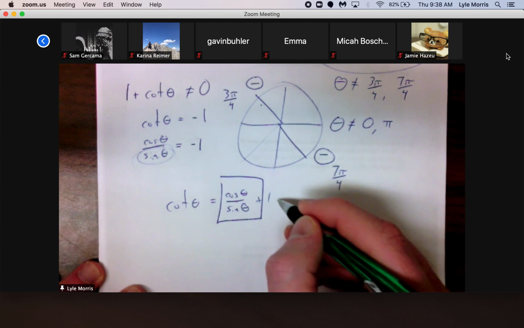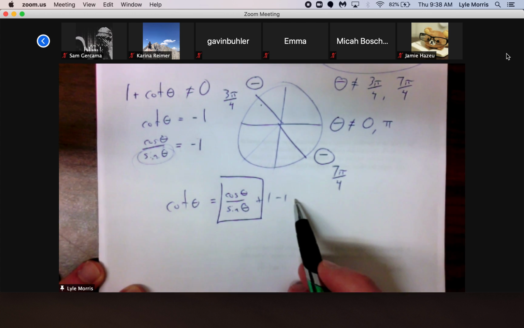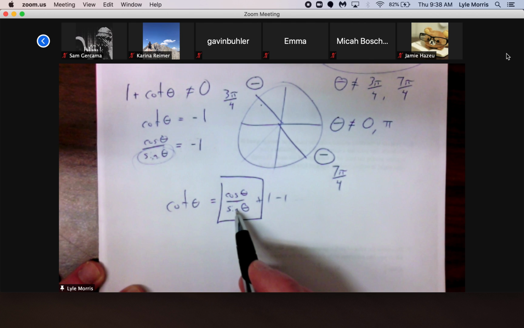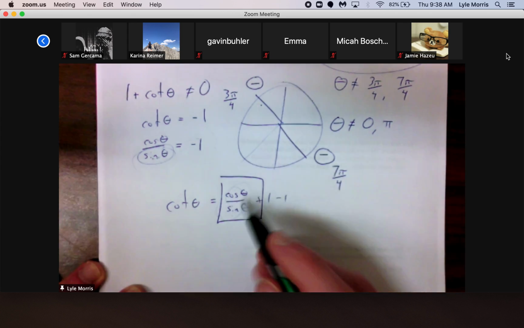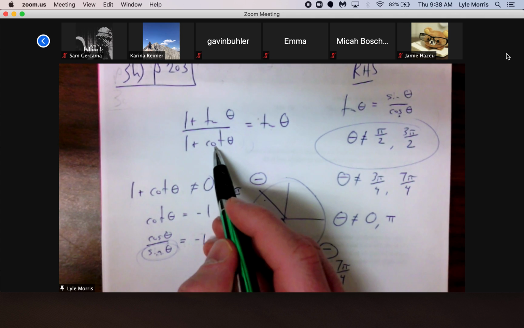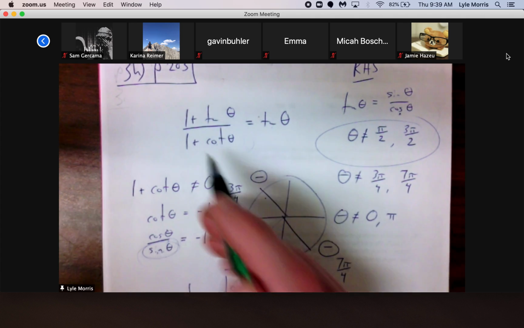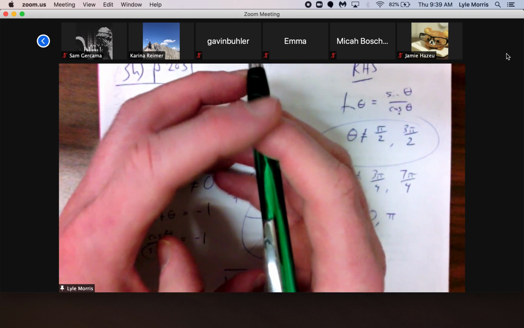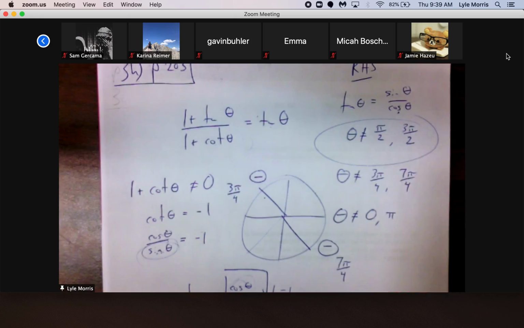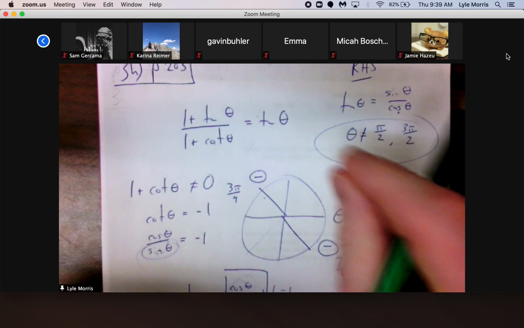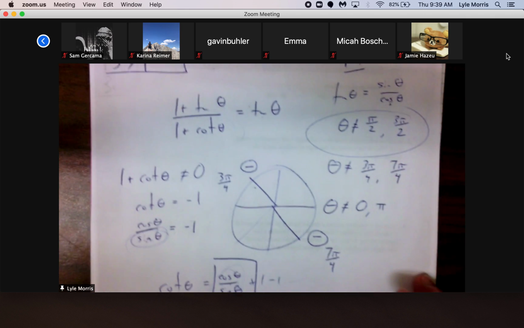Doesn't matter if it's +1, -1, or anything. As soon as you have a 0 down here, this is undefined. So not only can you not have 0 in the denominator, but this itself cannot equal -1, because when you add -1 to +1, you get 0 in this denominator. It feels like we're zooming in like some conspiracy theory film on every little tiny detail. Does that make sense?